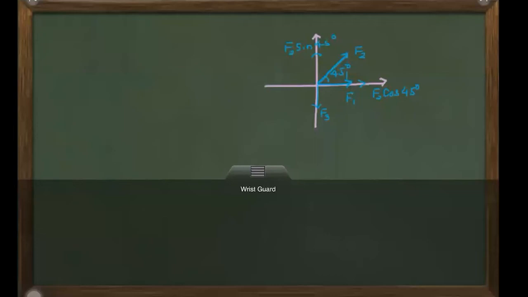So once it is resolved, this can be omitted. Initially we have three vectors, three forces. After resolution, we have four, because one vector, the second force, is broken into two parts, one along the x-axis and one along the y-axis.